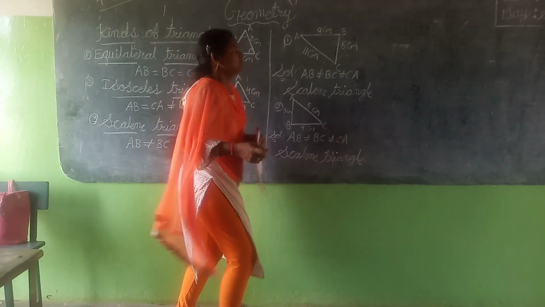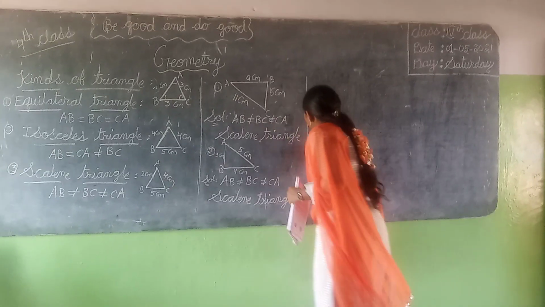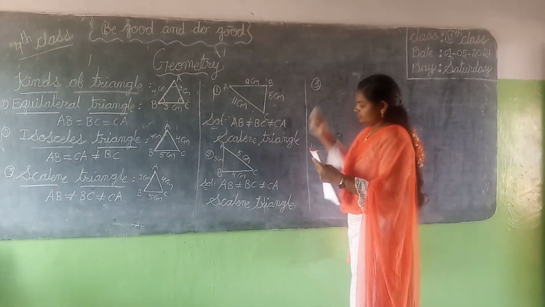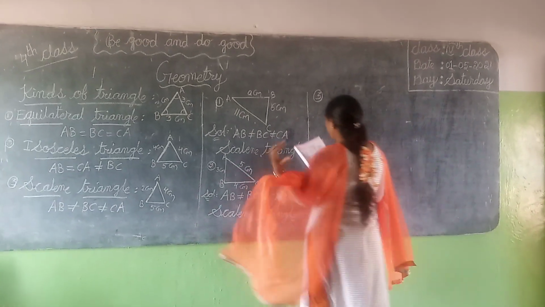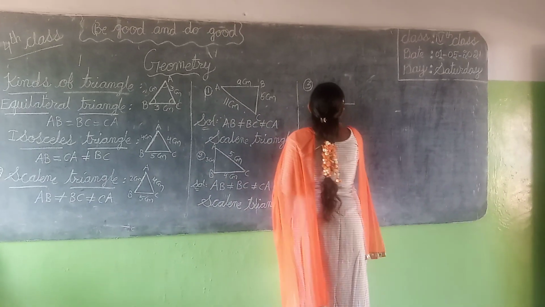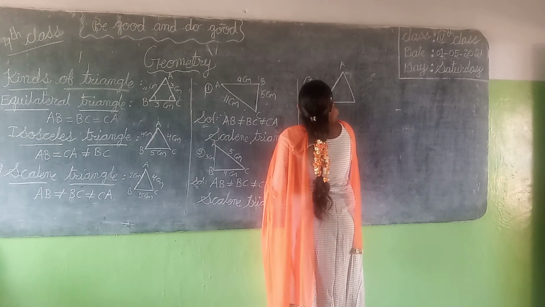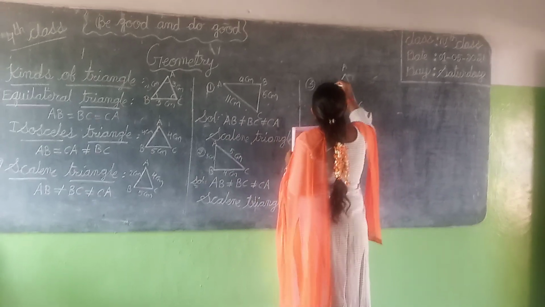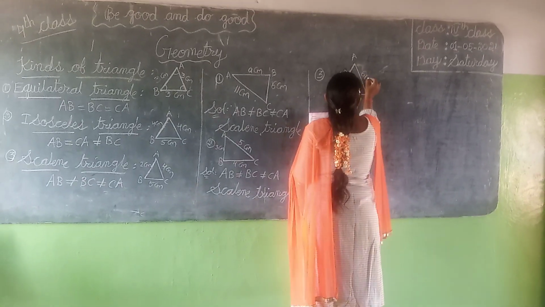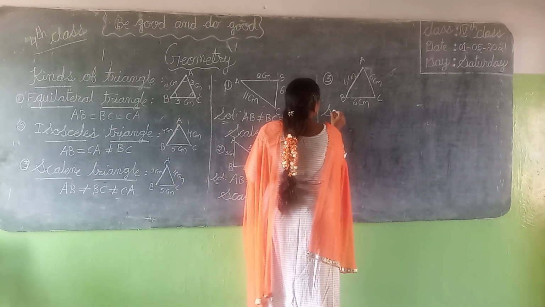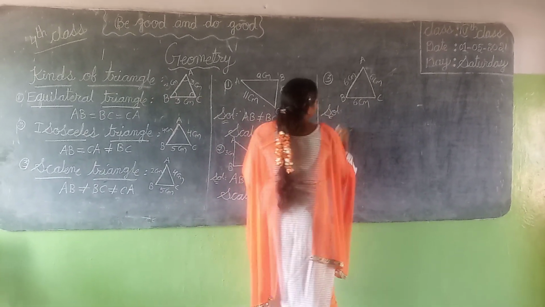Okay, all of you understand? Next, the third one. Draw the third picture. A, B and C. This side is 6 centimeters, this side is 6 centimeters and this side is 6 centimeters. So three sides are equal.